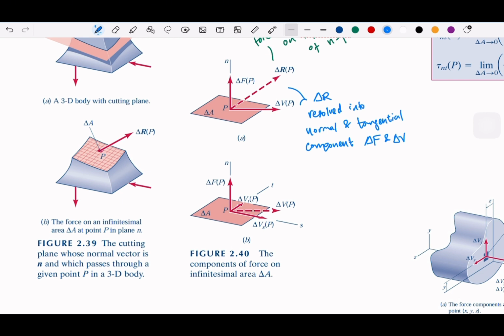So we are going to define the normal stress and the shear stress based on all these directions.